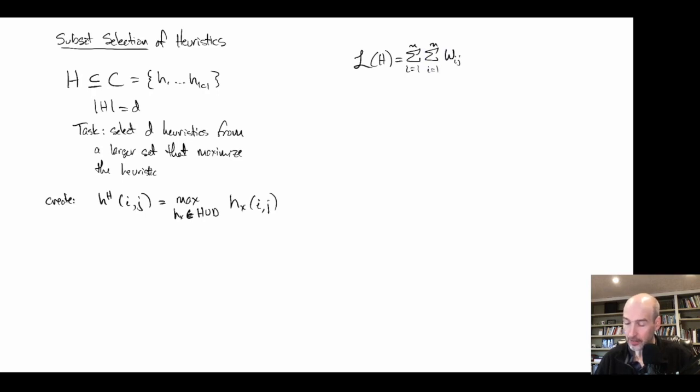And then what I want to measure is the difference, or the error, that exists in the heuristic. So what I'm going to write here is C, which is the true cost to go from i to j, and then I subtract my heuristic, h of i j. Essentially, if we set the weight to be 1 everywhere, then I'm just adding up, for every pair of states, what would happen if I computed the true distance and subtracted the heuristic distance.